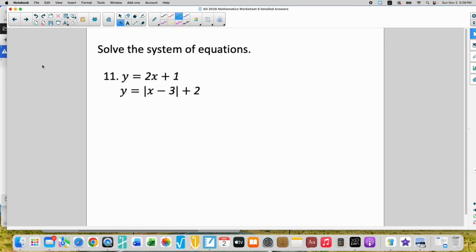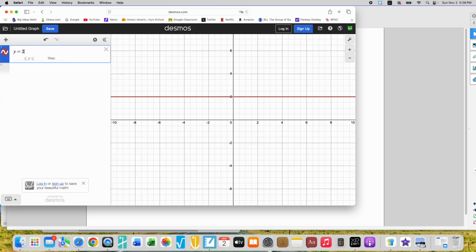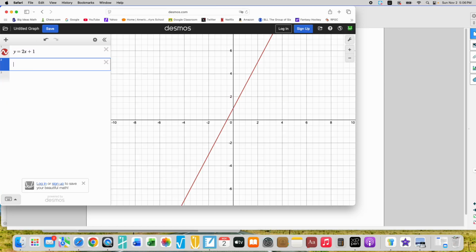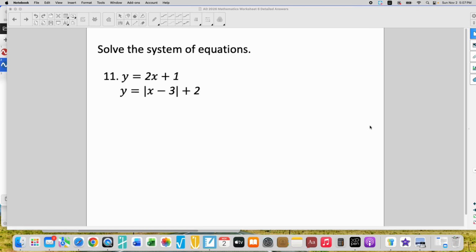You have y equals 2x plus 1, and then you have y equals the absolute value of x minus 3, plus 2. And where they intersect is your solution for your x value and your y value. So it is 1 1/3, 3 2/3.